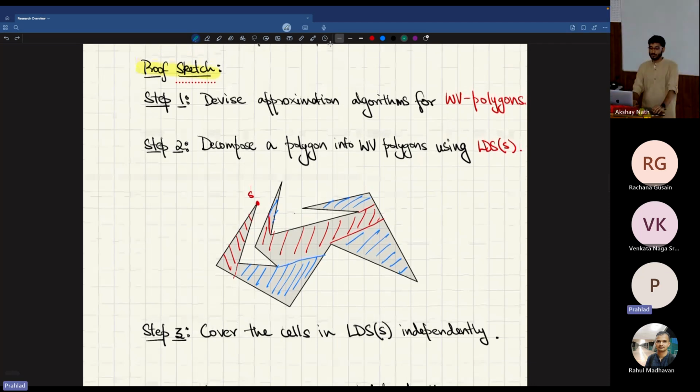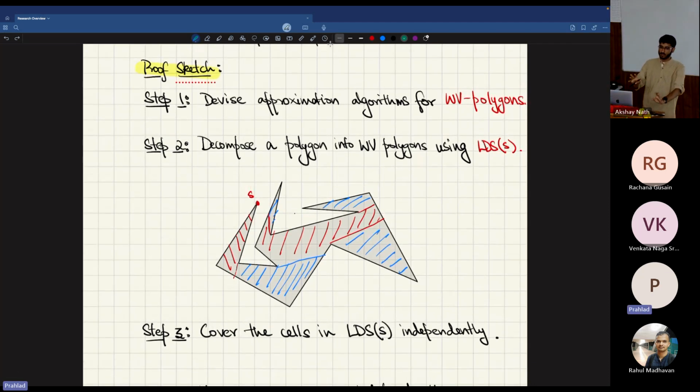Back to the overview, the idea is that you cover each of these guys independently. The point is that when you do that, you don't lose too much, right? Like I said, there might be convex polygons that go through some of these.